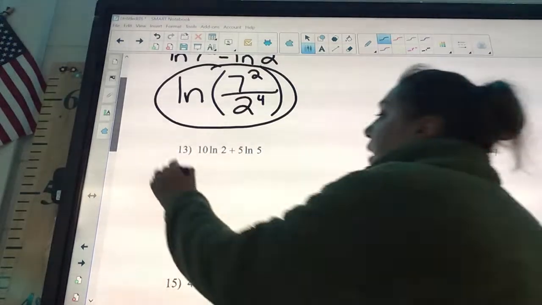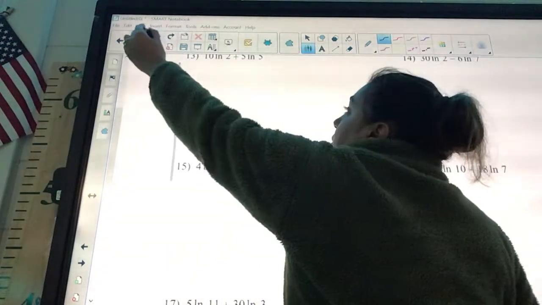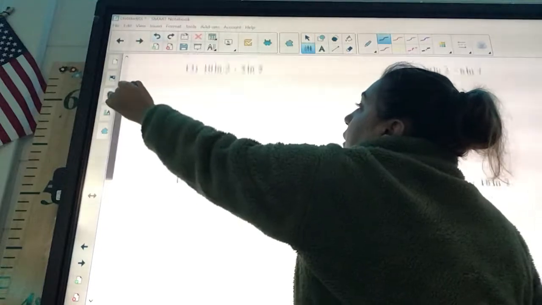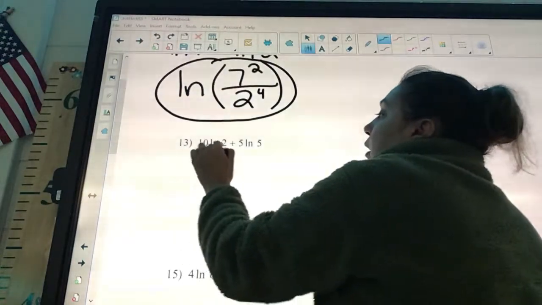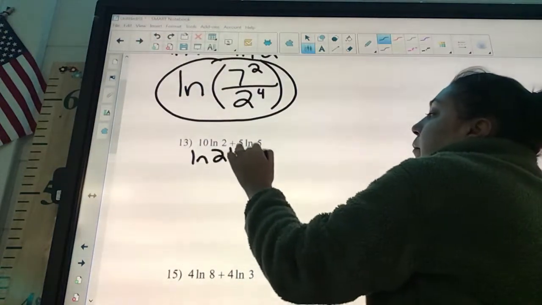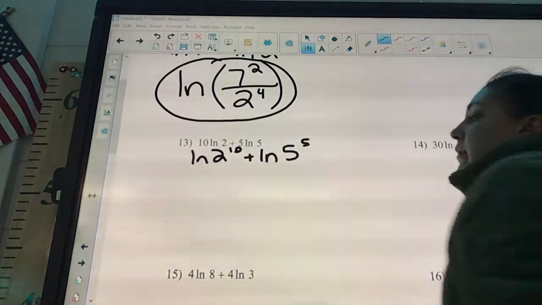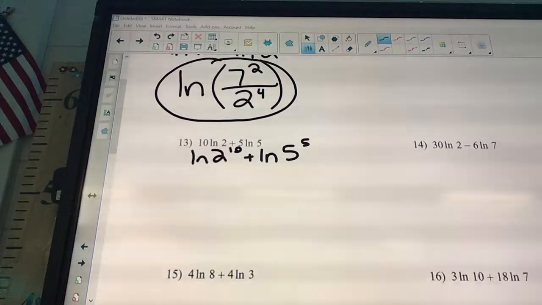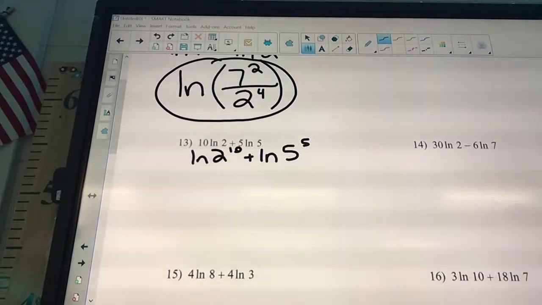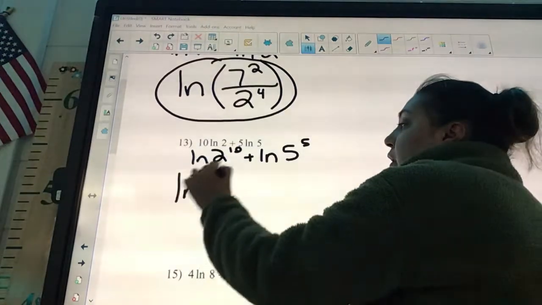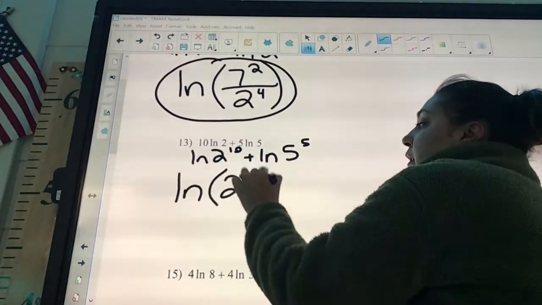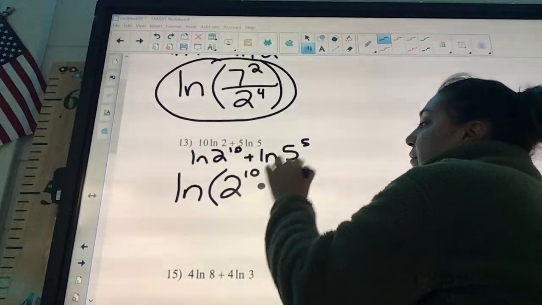Okay, this one, you're going to have natural log of 2 to the 10th plus natural log of 5 to the 5th. What do we do with plus? Multiply. So you got natural log of 2 to the 10th times 5 to the 5th.